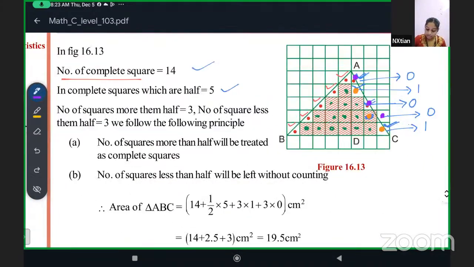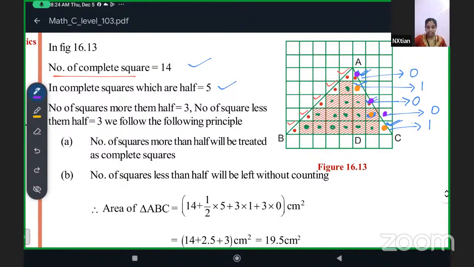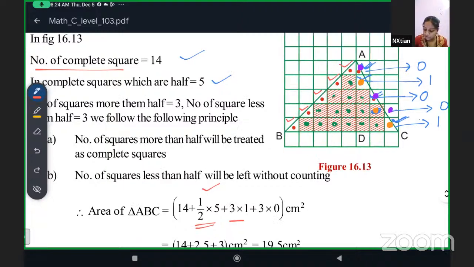First, 14, which are completely shaded. Then half into 5. Why half into 5? Because 5 are only half shaded. Plus 3 into 1. These 3 are not fully shaded, but more than half covered inside the triangle. When the square is more than half inside, we take it as 1. We have 3, so 3 into 1.